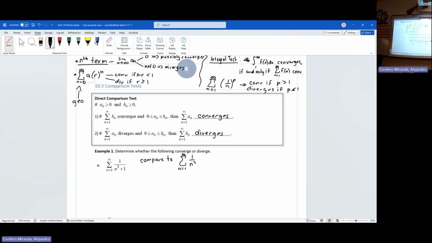Well, let me say that later. So I'm going to compare it to this. Do you guys remember if this green series converges or diverges? Good job, because why did you say that?